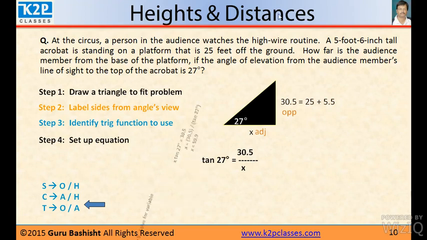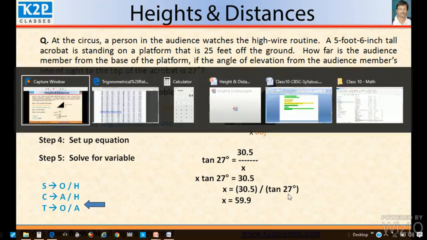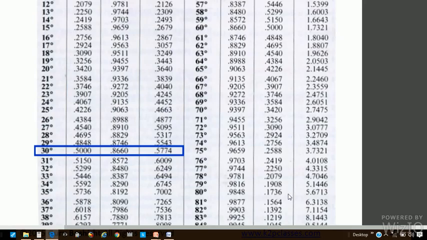And if we find the value of x, it is coming 59.9. How are we calculating? Look, x into tan 27 equal to 30.5. So x equals 30.5 by tan 27. And what is tan 27? The tan 27 value can be found from here.